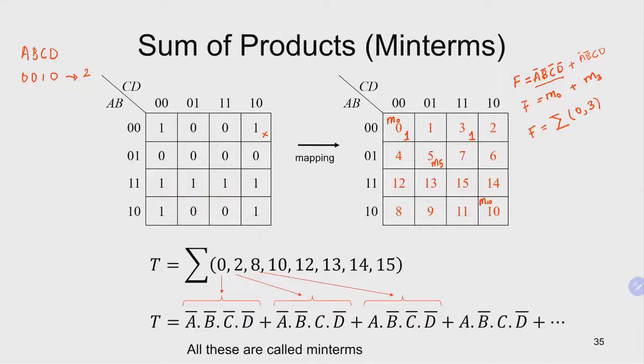So this is minterm M0, minterm M2, and then here is minterm M10, this is M12, M13, M14, M15. So to use this method of writing our expressions, we can write that if our function is f, f will be the sum of the minterm 0, minterm 2, the minterm 8.